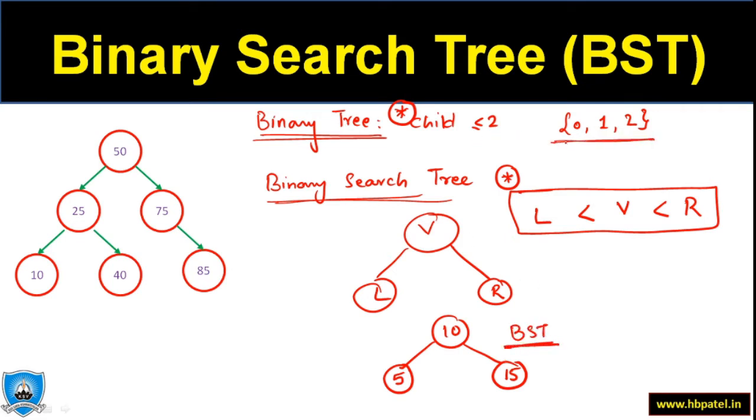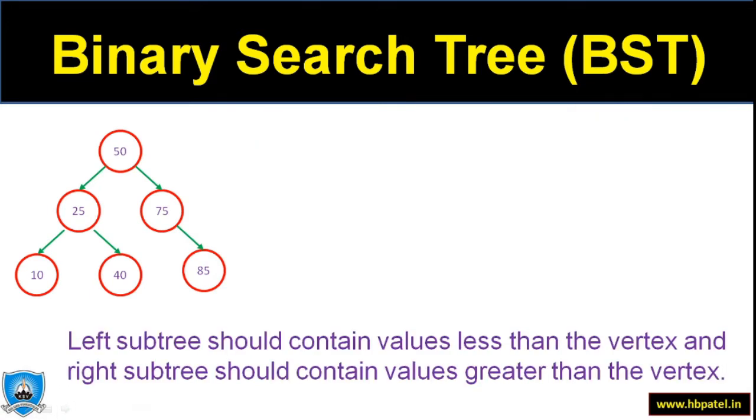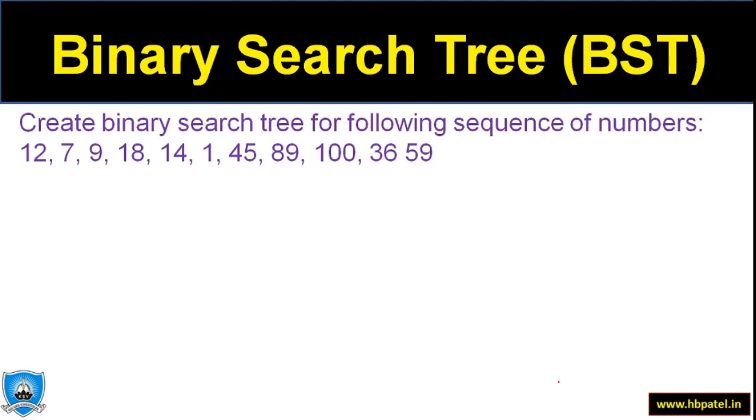First about the number of children, and second about the left, that is 5 is less than 10 is less than 15. So with this, let us move forward. The left subtree should contain values less than the vertex, and the right subtree should contain values greater than the vertex. Now let us try to create a binary search tree with those two conditions.